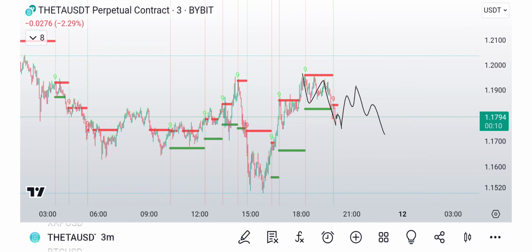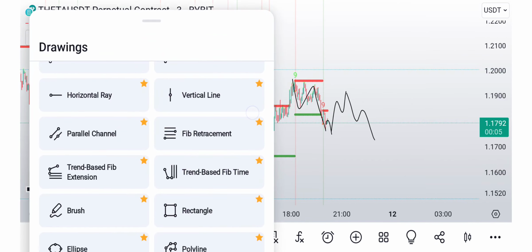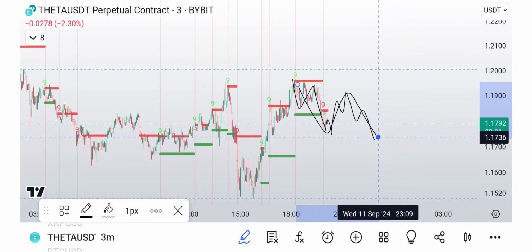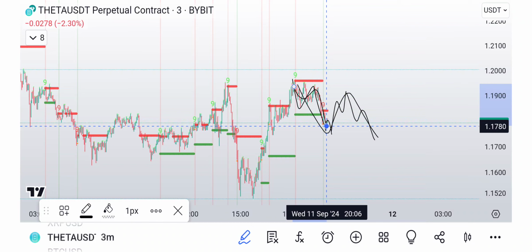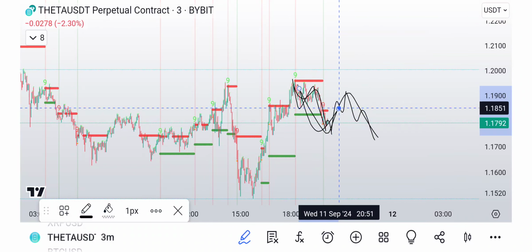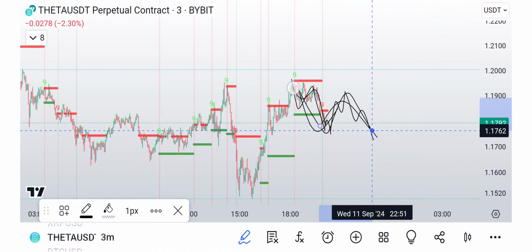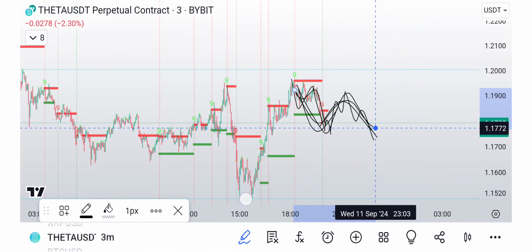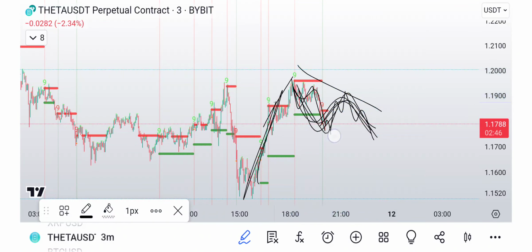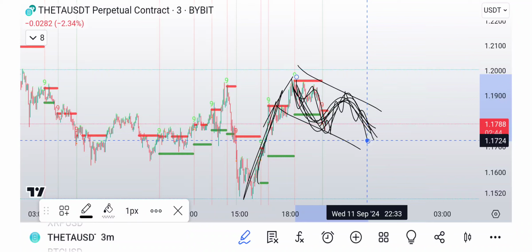Because now you have a much clearer three-wave shape, right? Instead of the three-wave being in one wave, you have three waves that are separate from each other, right? So we have an impulse and we have a three-wave pullback. I mean, that's exactly what you want, and we're flagging out, right?